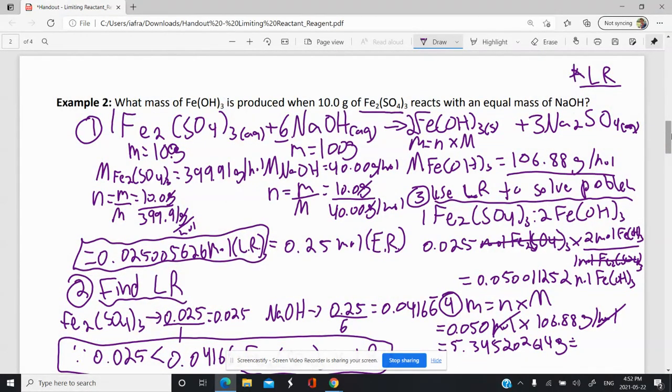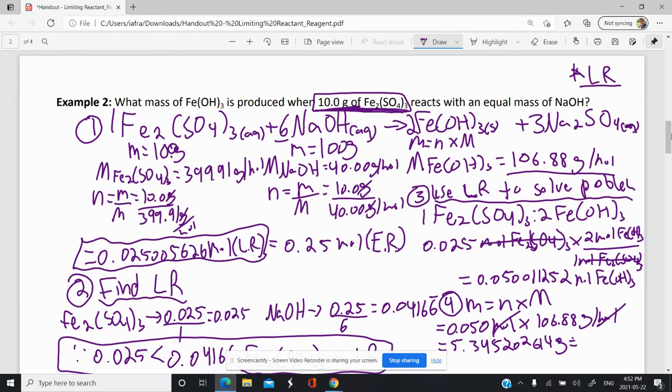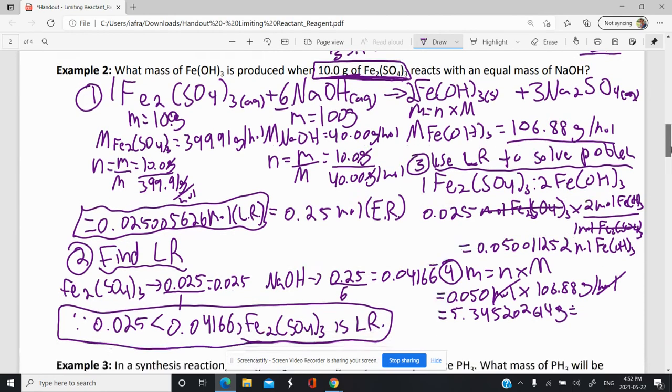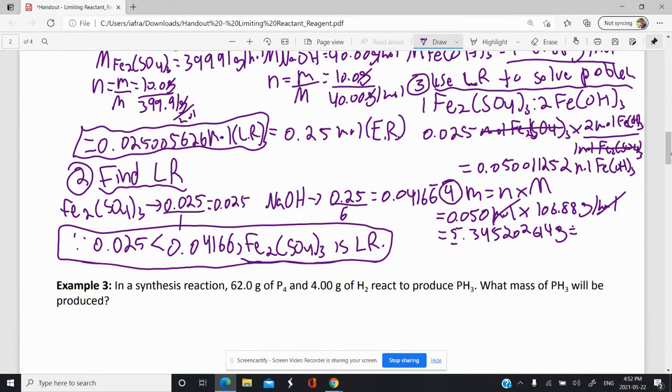In the question, our LR, we use it for our calculation. The smallest number is 10.0, so 3 sig figs. And so we want to round to basically here. You look next door, it's not exactly 5, it's actually above the 5 there, so we can round that up to 5.35 grams.